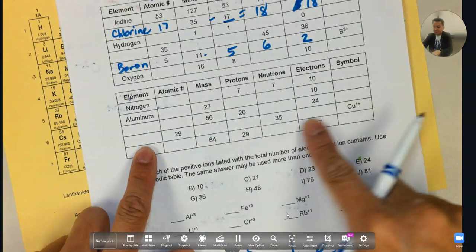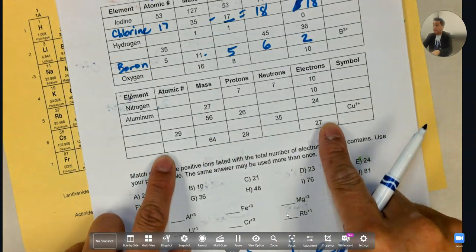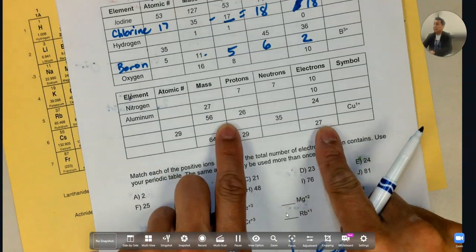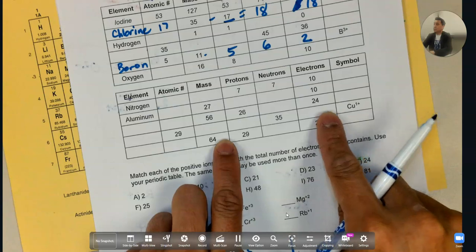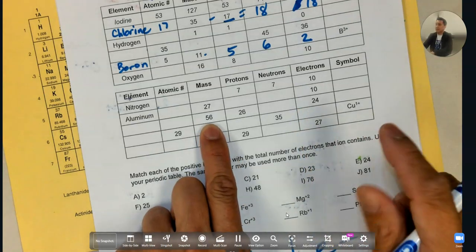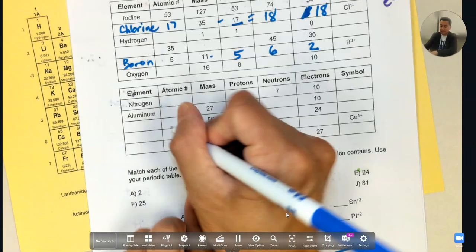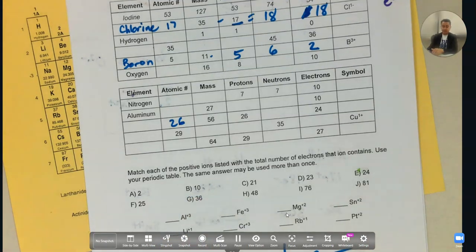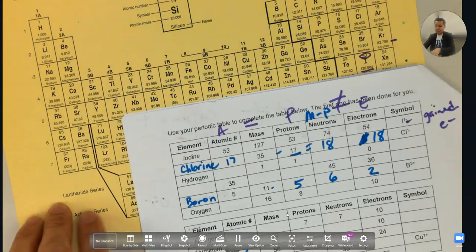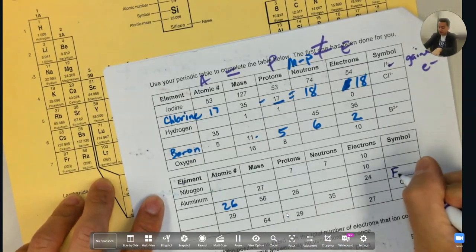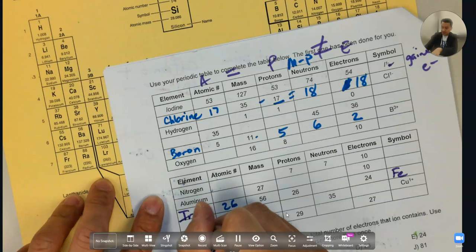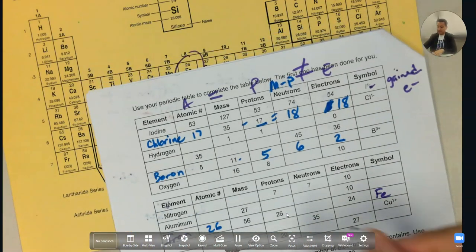The same thing down here, so we're just doing more of the same thing. Okay, let's pick a bigger number. Let's look at, let's see, this one, 56, doesn't matter. So the protons is the atomic number, 26. So we look at the periodic table, element 26 is iron, Fe. So Fe is the symbol for iron.